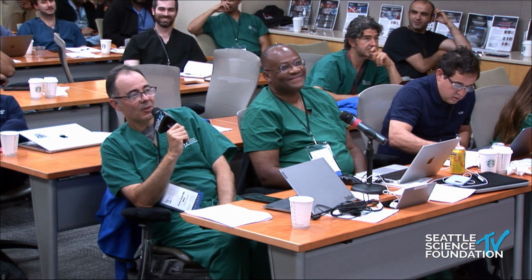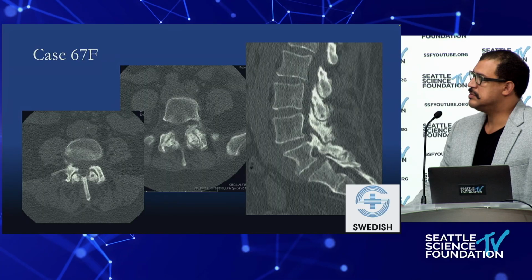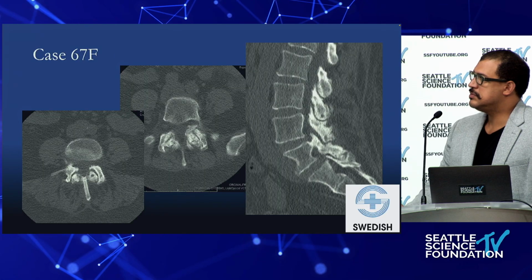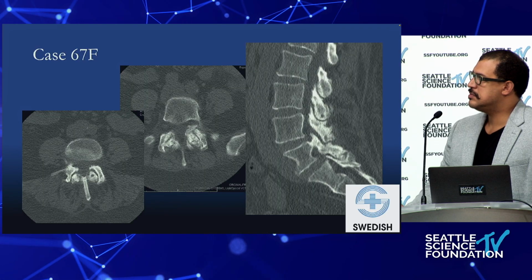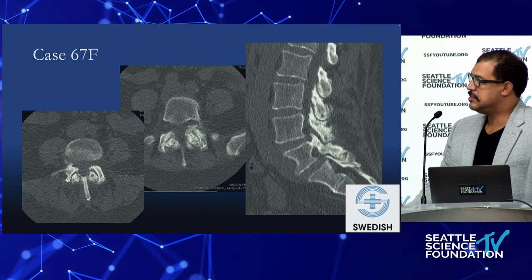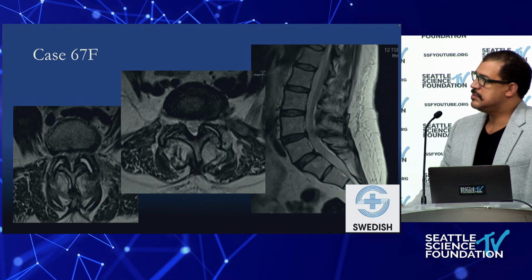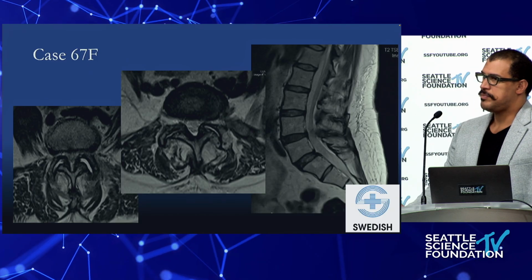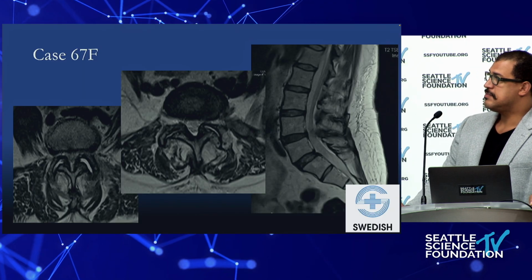So, when you look at the CT and the MRI, it looks like the CT scan kind of makes it look like there's almost an autofusion at L5-S1, and then when you look at L4-5, it's like she has adjacent segment disease from the autofusion at L5-S1, with those big juicy facet joints at L4-5.